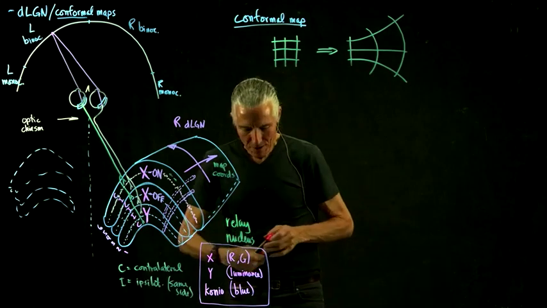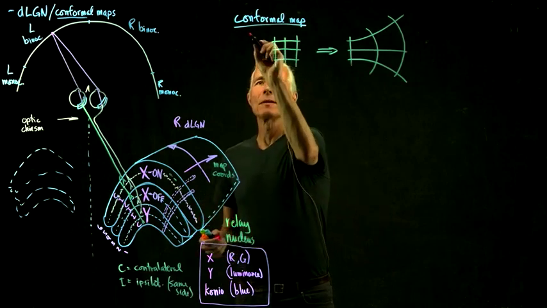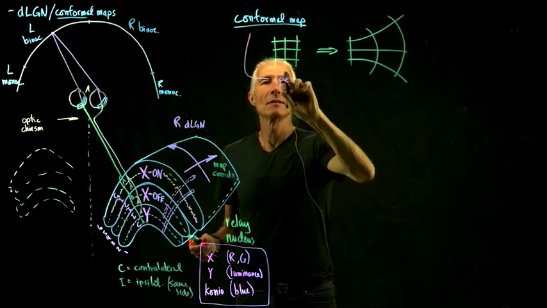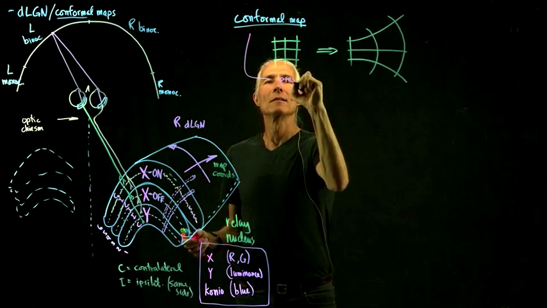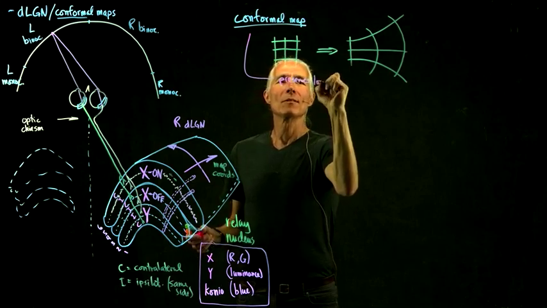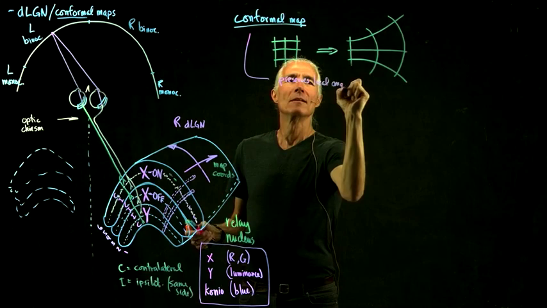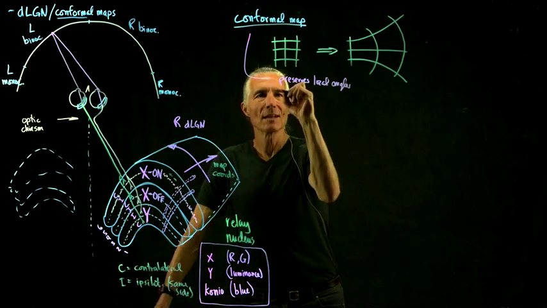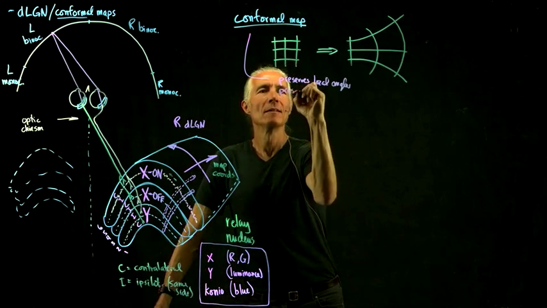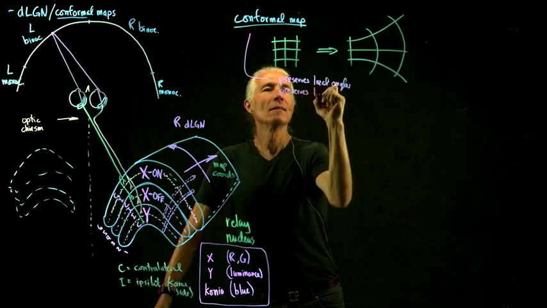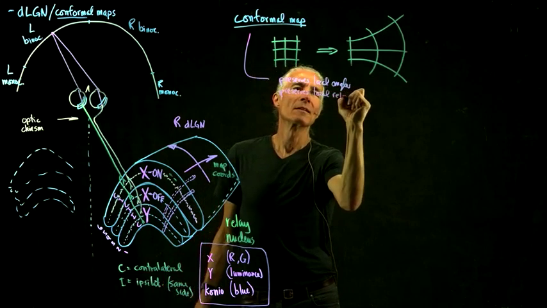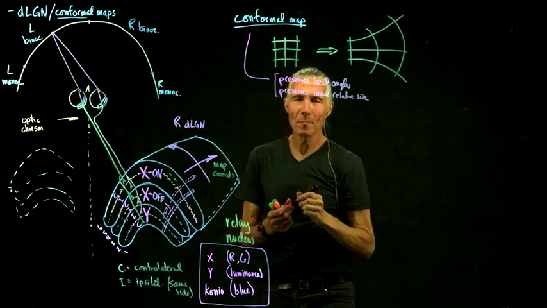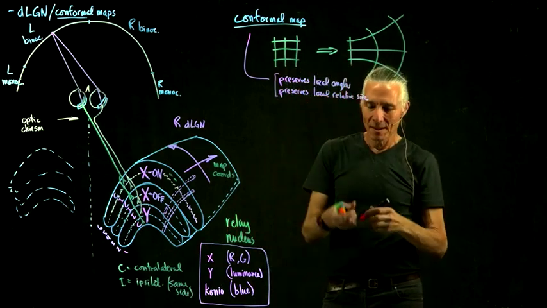But the way you can think about a conformal map is that it preserves local angles and it preserves local relative size. The mathematical definition is more compact, but this gets across the concept better.